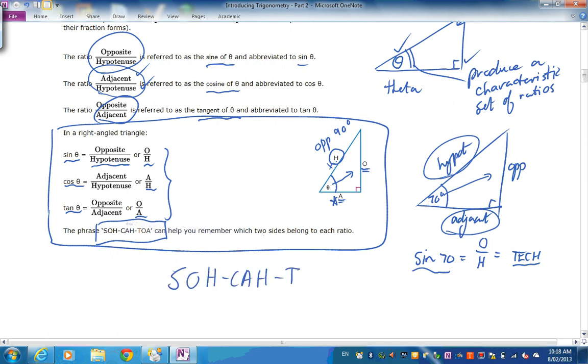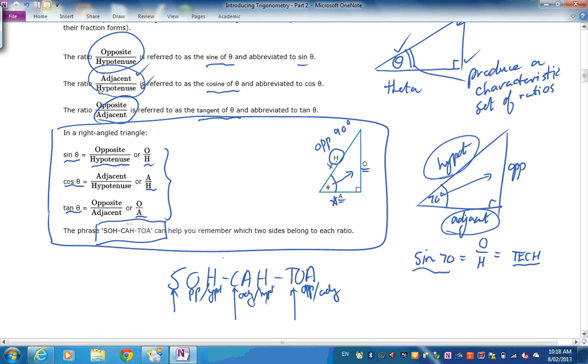That's all the letters standing for the ratios. So the sine is the opposite over the hypotenuse. The cosine is the adjacent over the hypotenuse. The tangent is the opposite over the adjacent. Okay, so really should put that, shouldn't I?